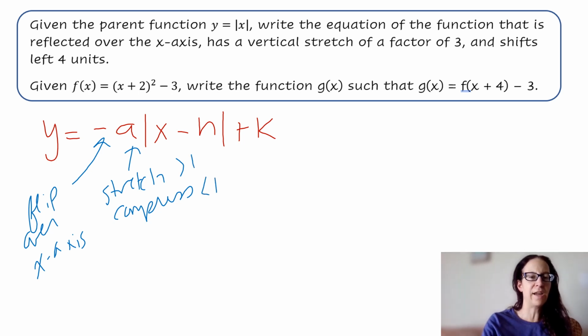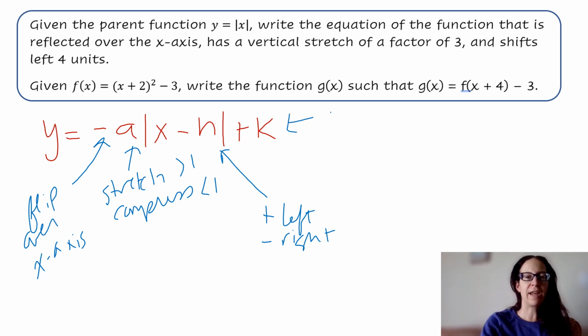If it's less than 1, you're compressing it. The h value, if you have a positive, like if it says plus, it's going to go left. If you have a minus, it's going to go right. And your k value, a plus means it's going up and a minus means it is going down.